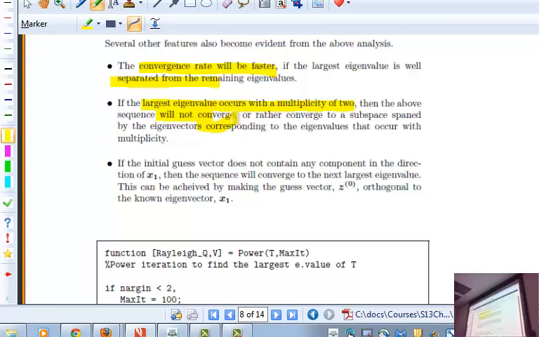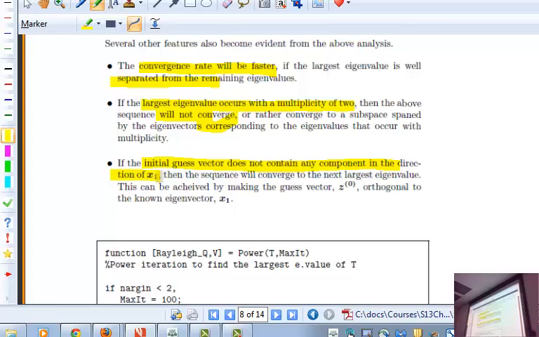The other thing is, if the initial guess does not contain any component in the direction of x1, then the sequence will converge to the next largest eigenvalue. That's an important observation. So don't pick z0 strictly arbitrarily. If you pick it arbitrarily, it's going to contain all components and go to the largest one. Having found the largest one, suppose I want to find the next largest one.